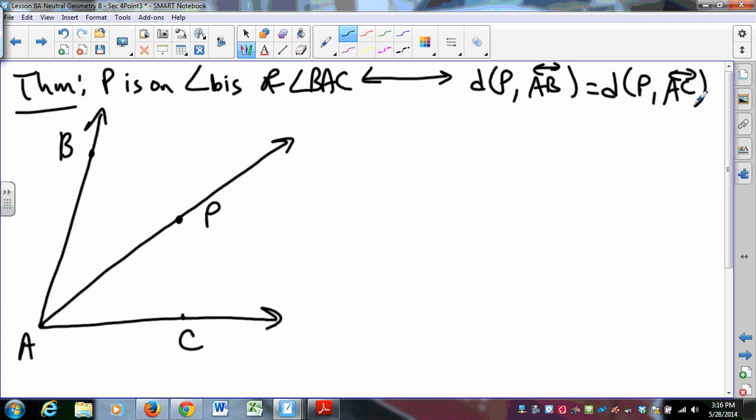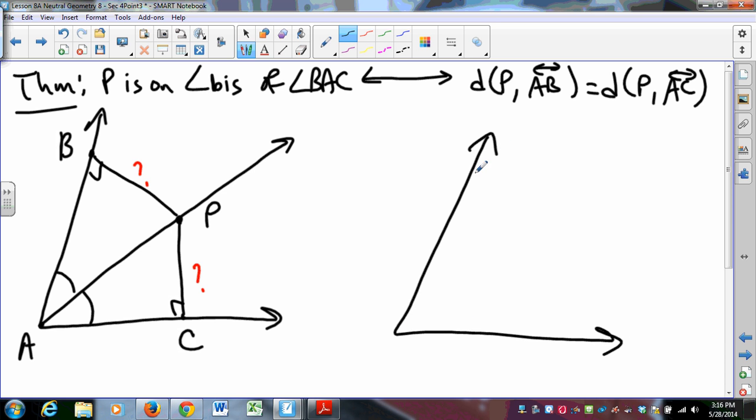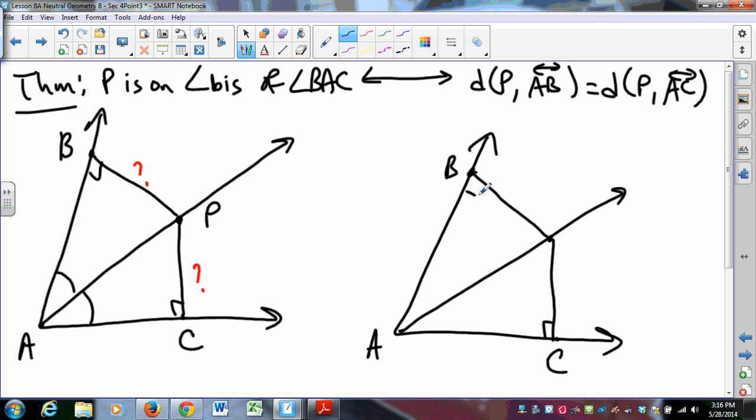If P is on the angle bisector, then this distance has to equal this distance. So we assume angle bisector and we show that those are congruent, but also if I have some point P and the distance to this line is the same as the distance to that line, if those match, then I'm on the angle bisector.